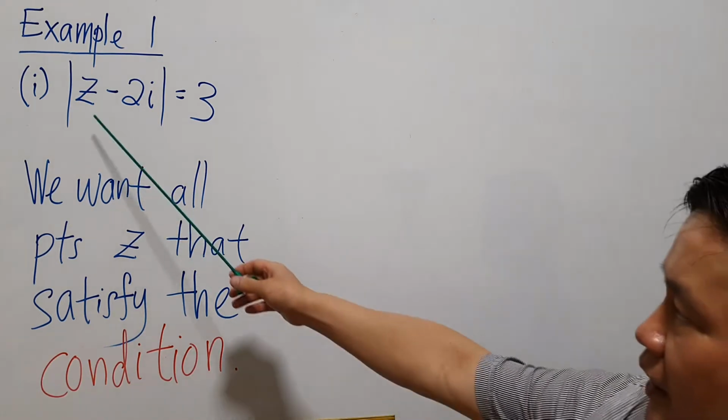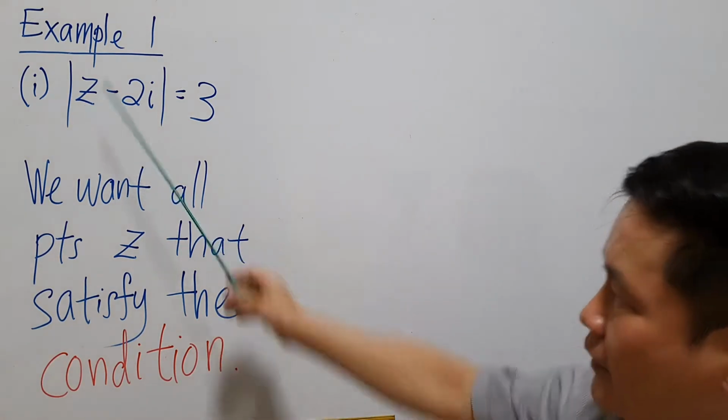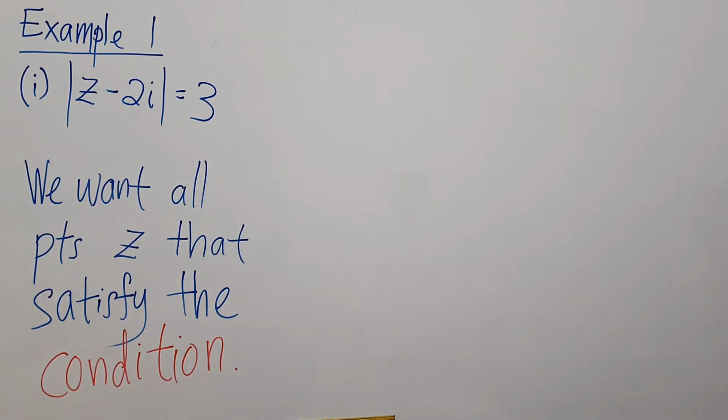Another possibility is the complex number minus i. When you put minus i into here, you will find that the complex number i will also satisfy the equation. So at the very least, by just glancing, you actually have two values of Z. But you know that there are many possibilities.